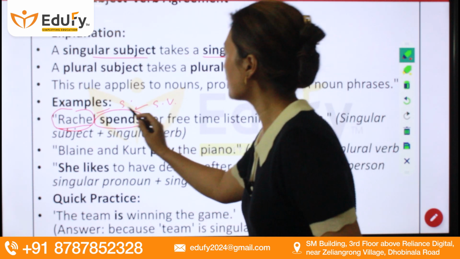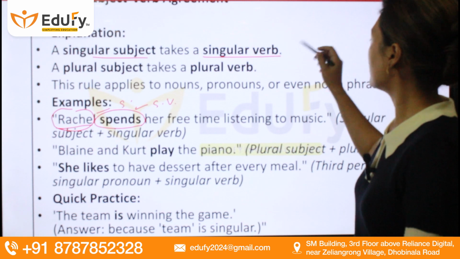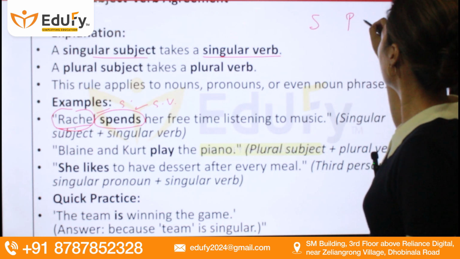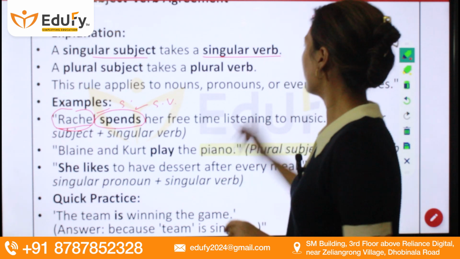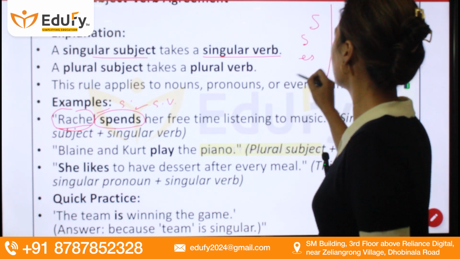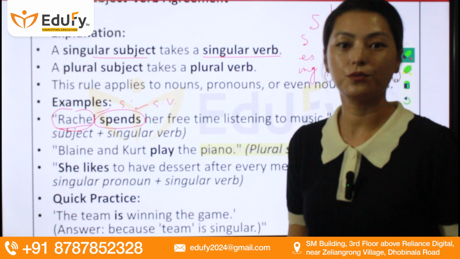Now, if you are unable to understand how this becomes a singular verb, let's take a look at the singular and plural verb. Singular verbs will always have s, es, or ing at the end of those action words.